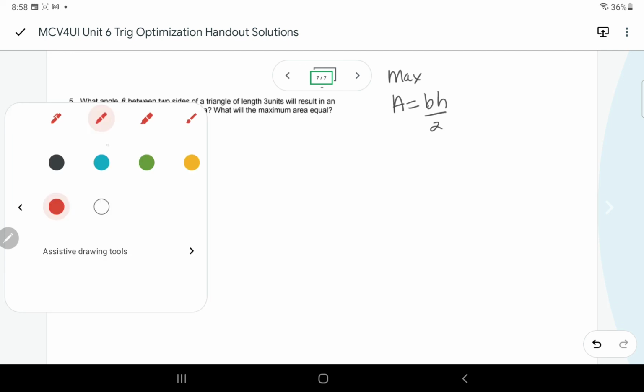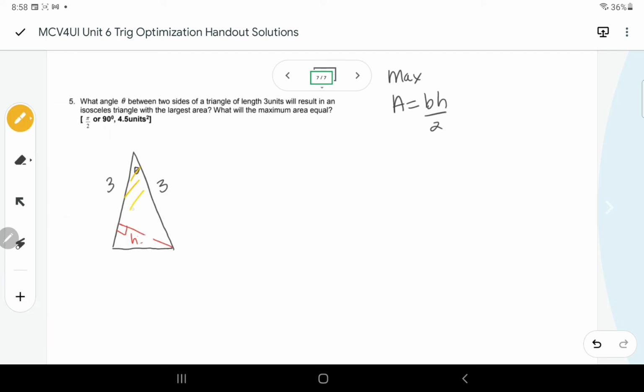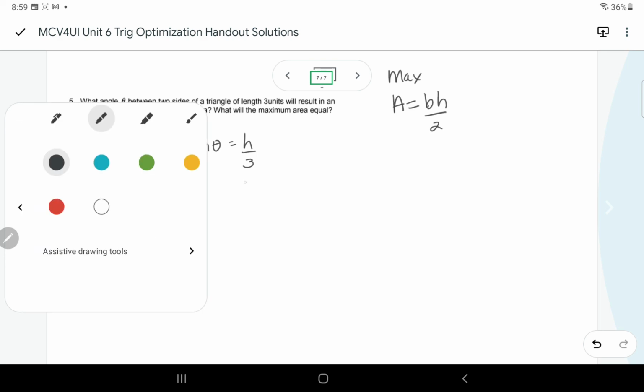So I'm going to look at this right-angled triangle here, and I know that sine theta is h over 3. And now this length here, that's the base, right? If I find that as the height, that's going to be a lot easier.